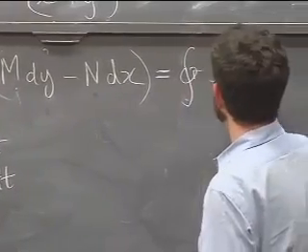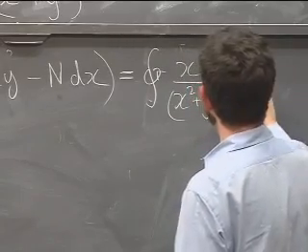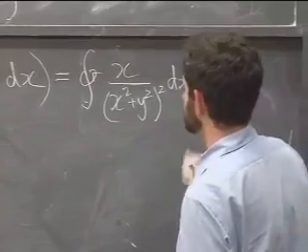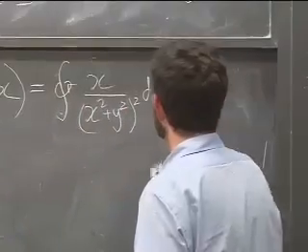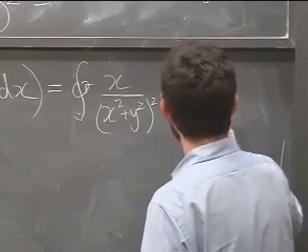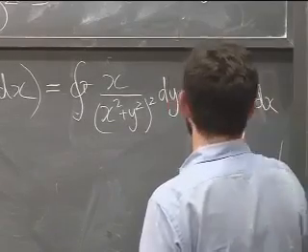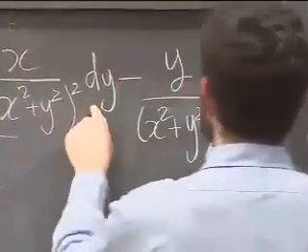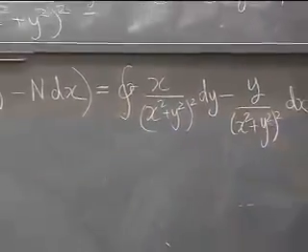M dy is x over (x squared plus y squared) all squared dy, minus N dx, which is y over (x squared plus y squared) all squared dx. Ta-da! Finally, I think I got a formula right. There's the M, there's the dy, there's the N, and there's the dx.